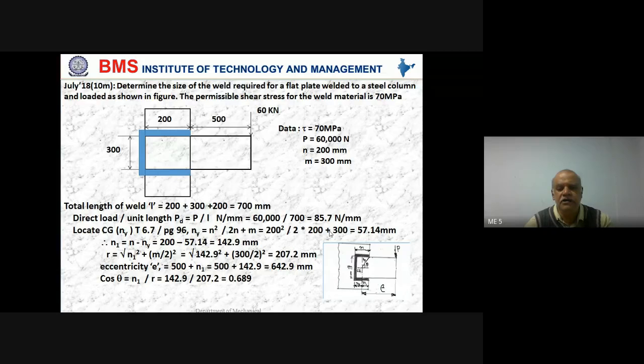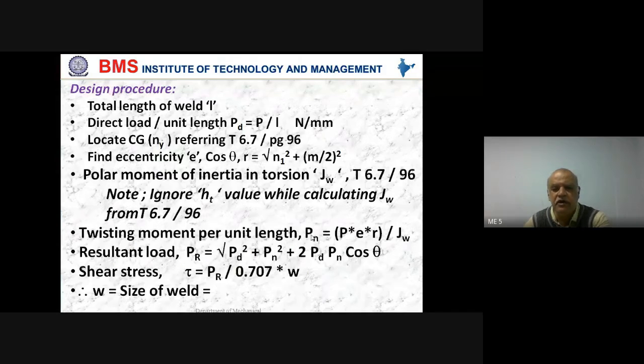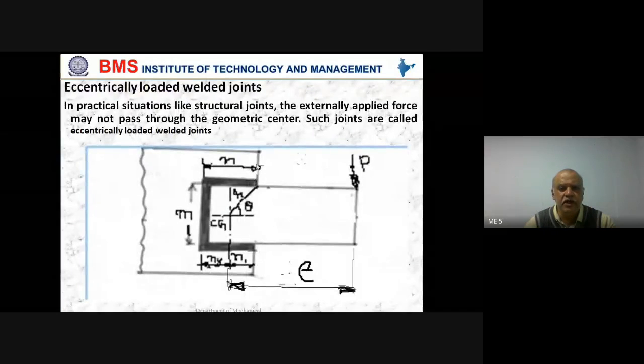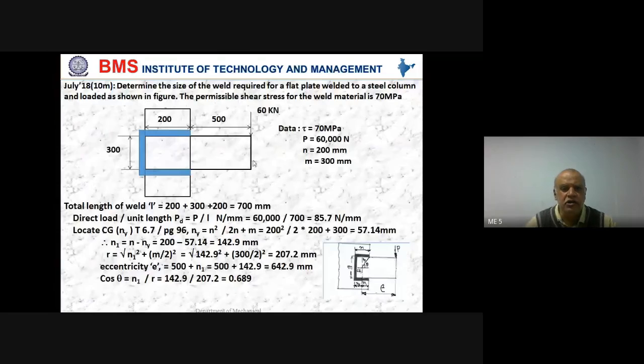All right. So this is the sketch that we have taken for the welded joint. This is the value of N, this is the value of M, and again this is the value of N. Comparing that, the same figure I have given here also. The value of N is equal to 200 mm. The value of M is 300.